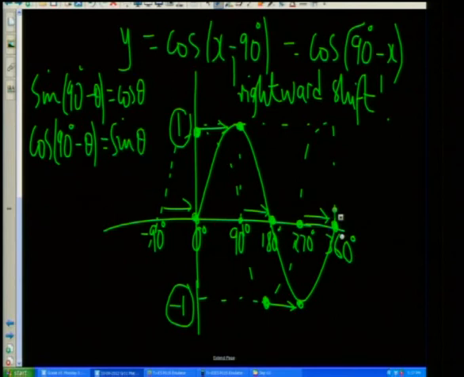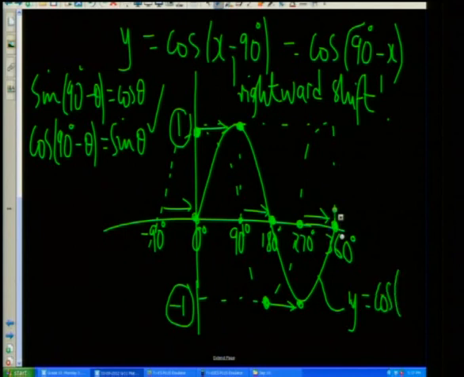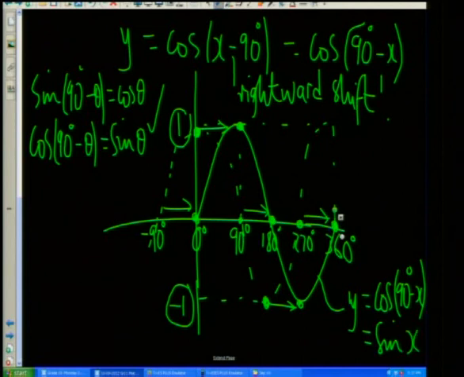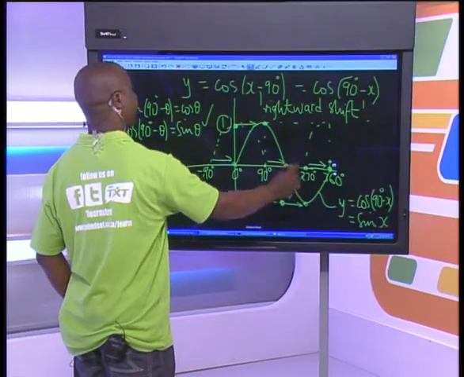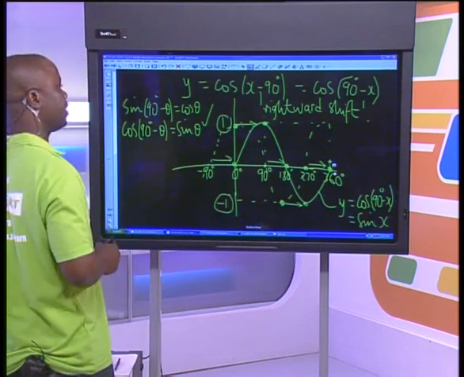And this shape is evidence of exactly what we are saying here. So this is the graph of y equals cos of 90 minus x, but it's also the same as the graph of sine of x. So that's what horizontal shift does to the original graph, the dotted graph in this case. All right, so that's just one shift.